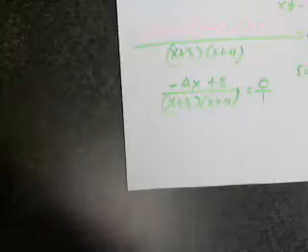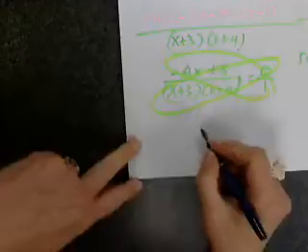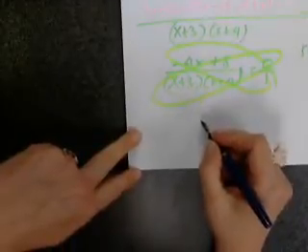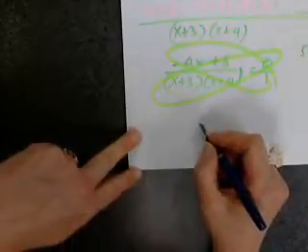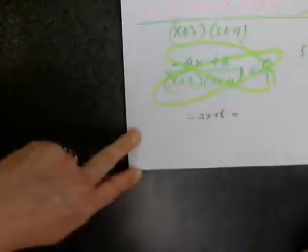What am I hinting at? Exactly, changing into a proportion. So then, what would you tell me to write? Negative 4x plus 8 equals?